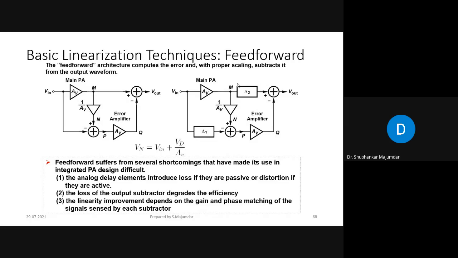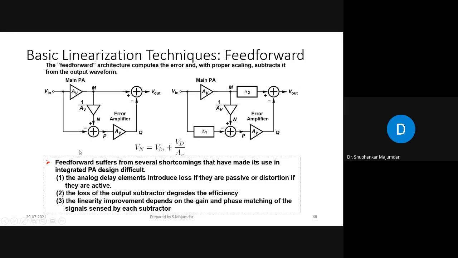For this, the feed forward process suffers various shortcomings. The analog delay element introduces losses if it is passive in nature, or distortion if it is active in nature. The loss of the output subtractor degrades the efficiency. The linearity improvement depends on the gain and phase matching of the signal sensed by the subtractor.